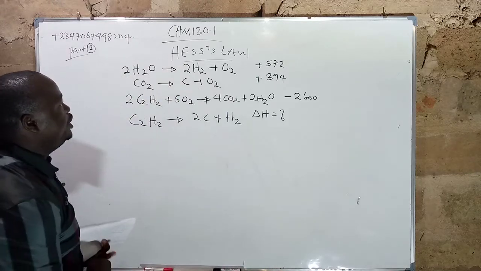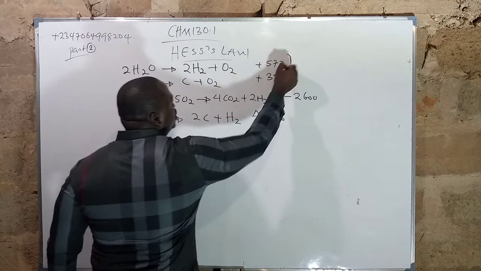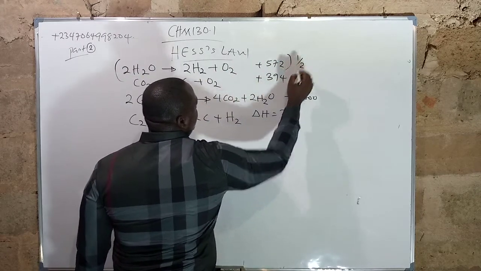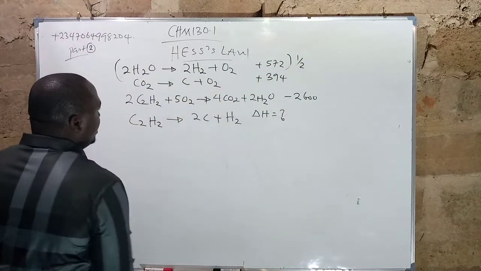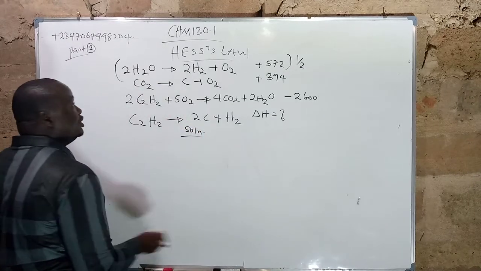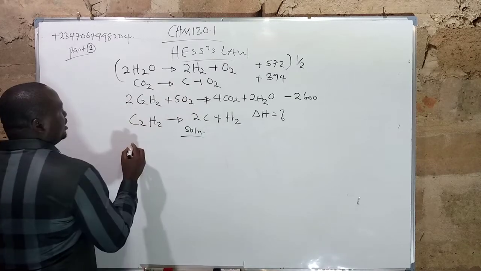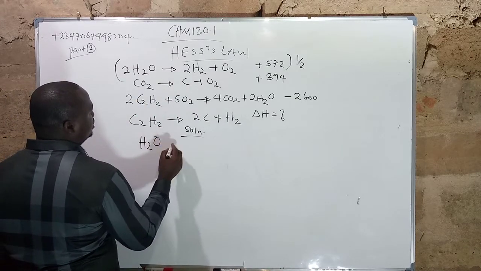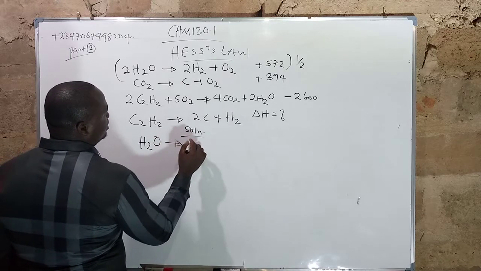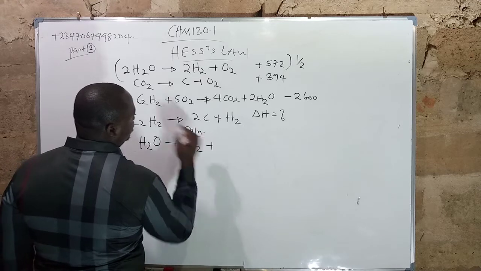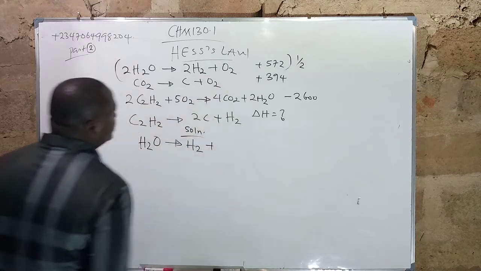And how can we do it? We have to multiply this whole equation by 1/2. So multiplying it by 1/2, this is the solution. You can pause the video and solve this, so easy. Multiplying it by 1/2, that means here will now be water, this is hydrogen, plus, dividing this by 2.